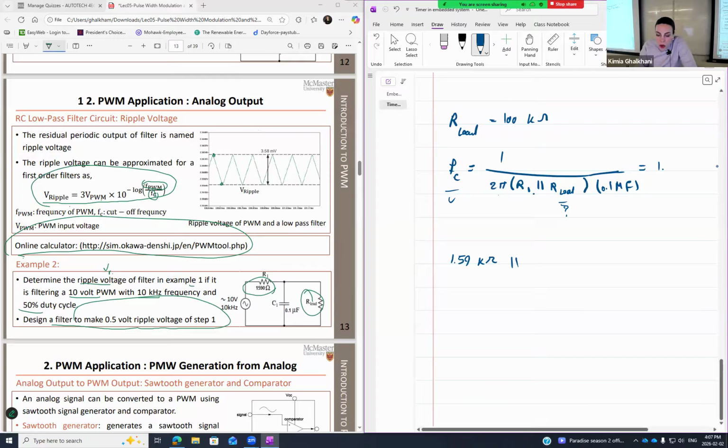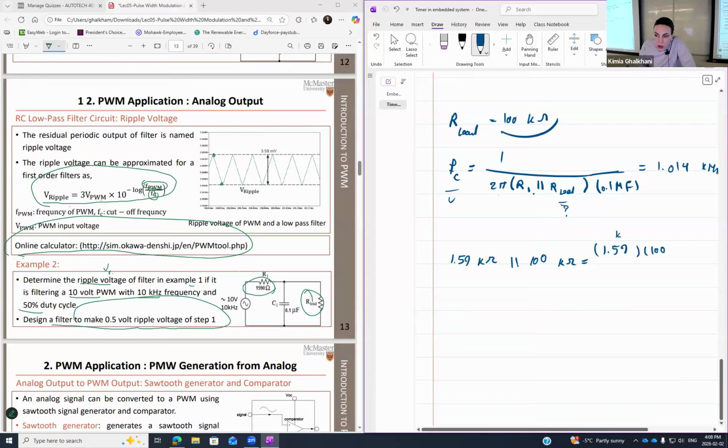Without load is almost 1.014 kilohertz. Now, if I have 1.59 in parallel with 100K, remember R load is supposed to be 100K from the example, then I can say 1.59 times 100.